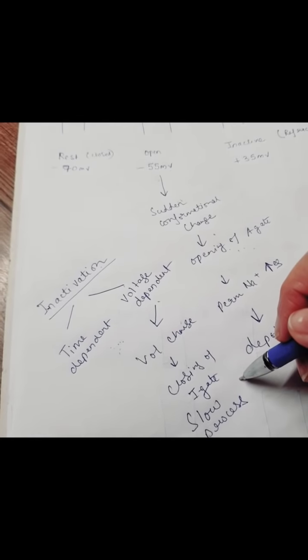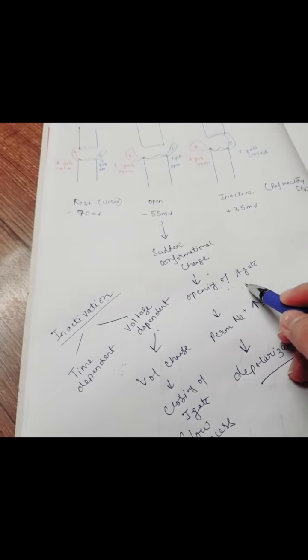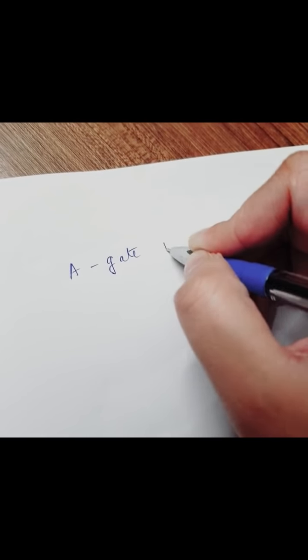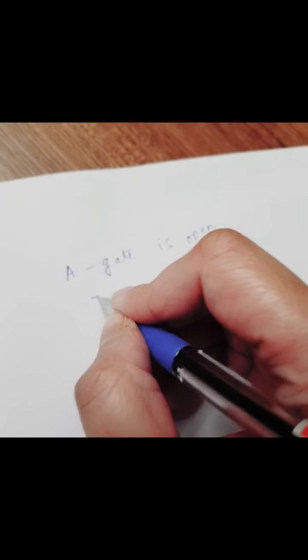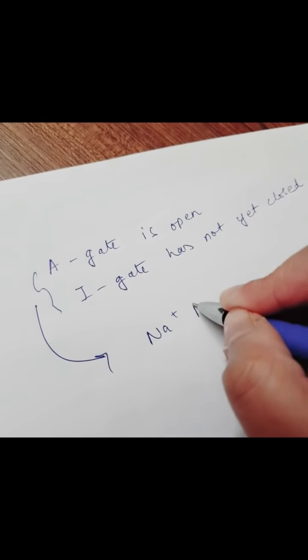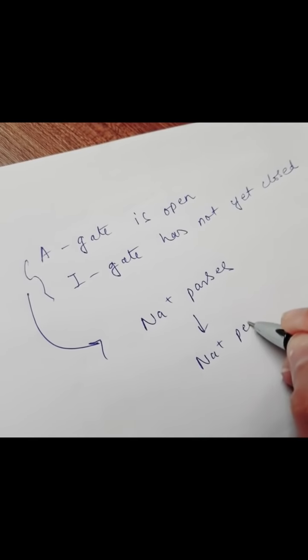So a point is reached where the A gate is open and the I gate has not yet closed because it is very slow. At this stage, sodium passes through the channel. So sodium permeability increases during this phase.